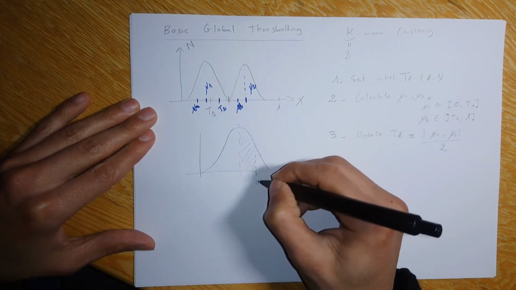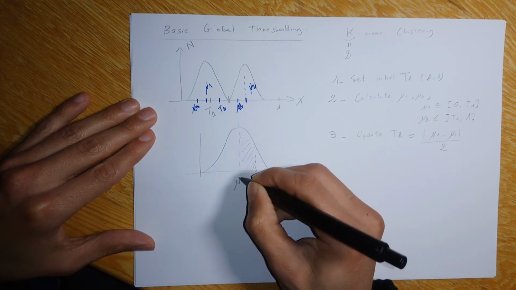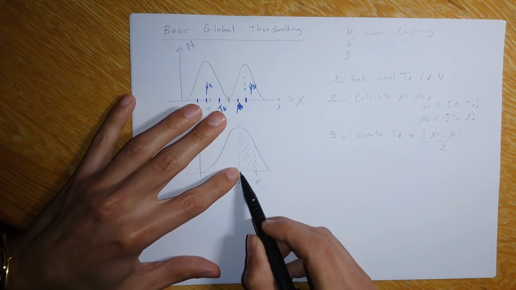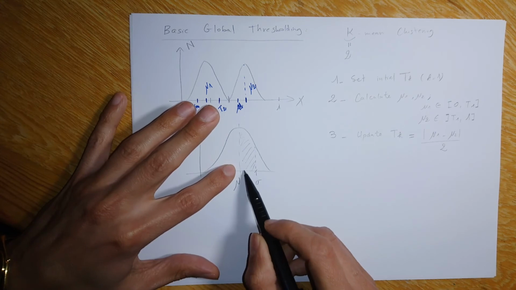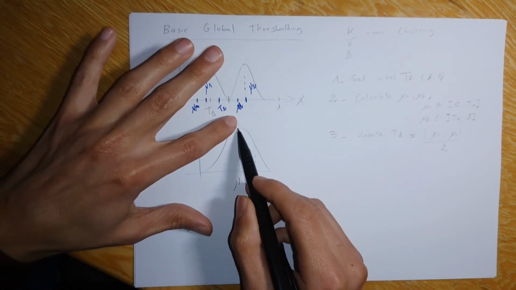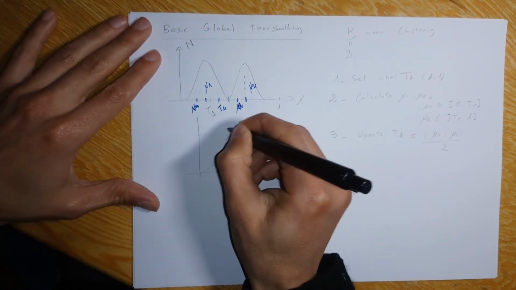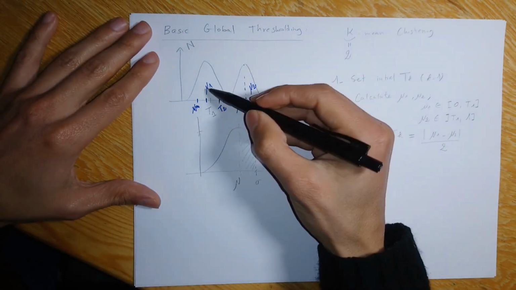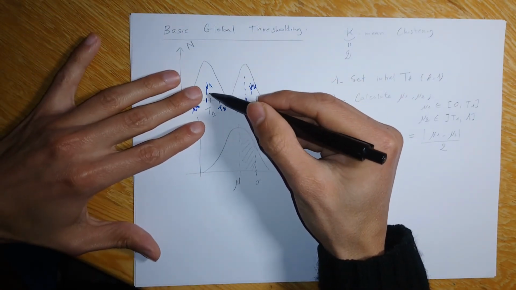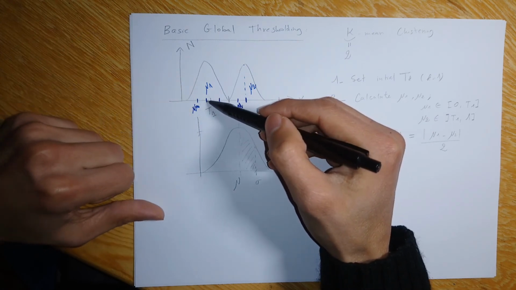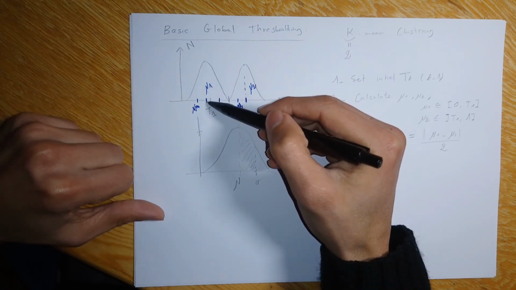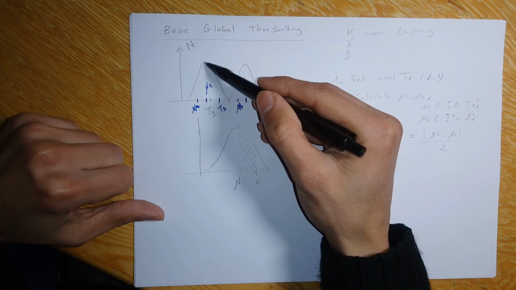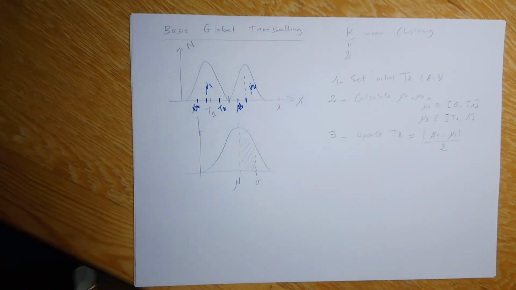This is the standard deviation, and this is the mean. The mean is always in the position where the distribution or the probability is the highest. As a result, the two means I was considering here would converge to the positions associated with the peaks of this bimodal distribution.